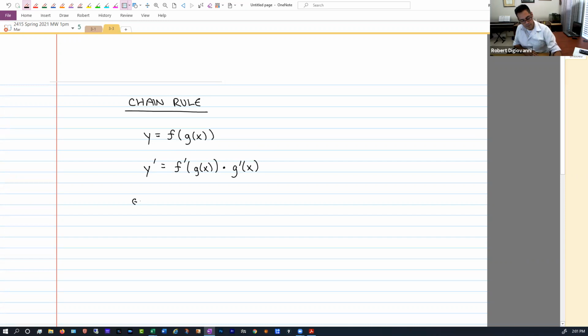For example, if we had y is equal to sine of x squared plus 1, then we could look at the outer function being the sine function and the inner function as being the polynomial x squared plus 1.